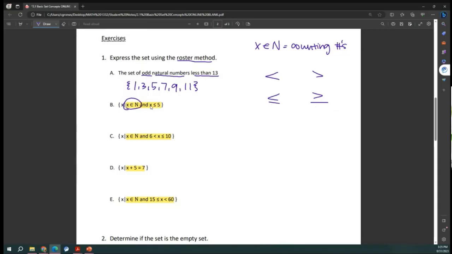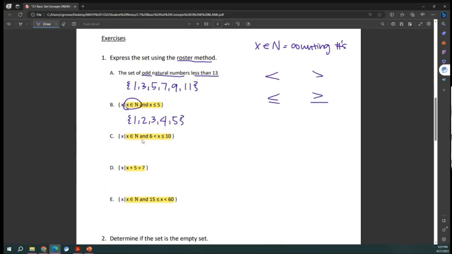So in this case, we have that X is less than or equal to 5. Yes. Yep. So we got 1, 2, 3, 4, and 5.